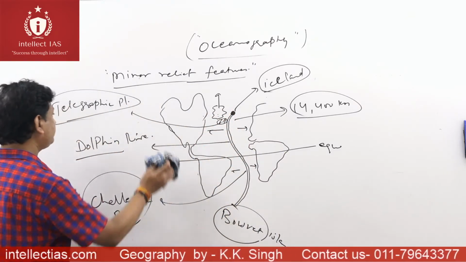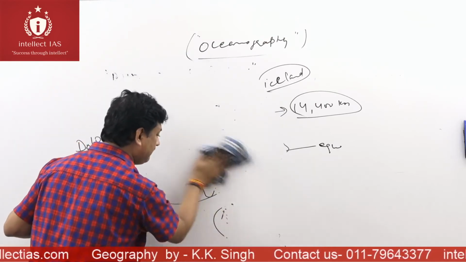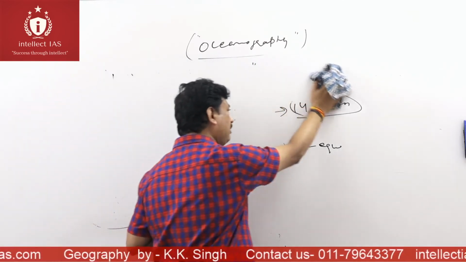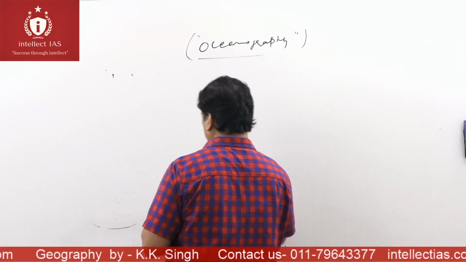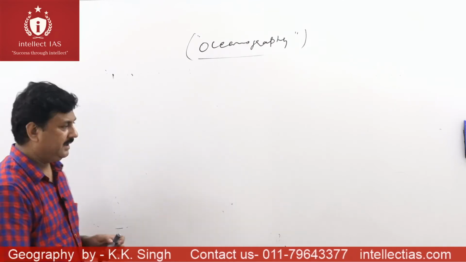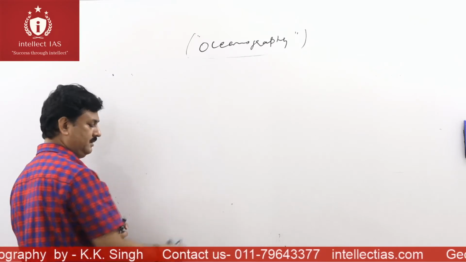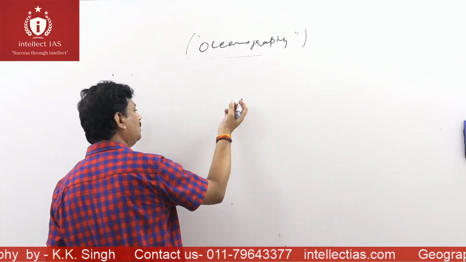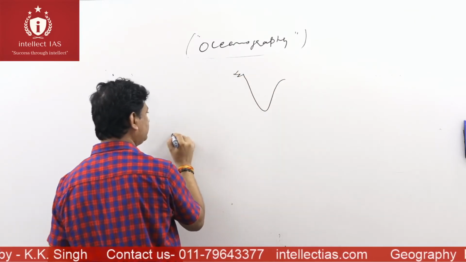Now, the Indian Ocean also has some important ridges, and it is very important from the preliminary exam point of view, that's why I am discussing it here. The Indian Ocean also has mid-oceanic ridges.